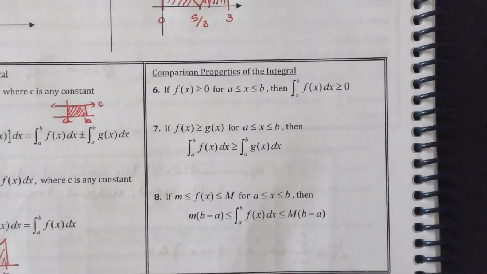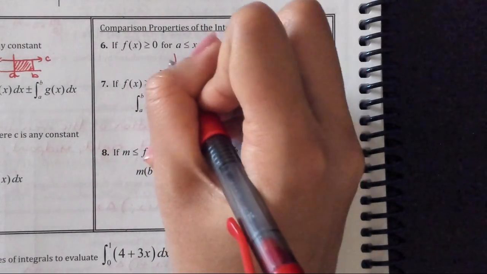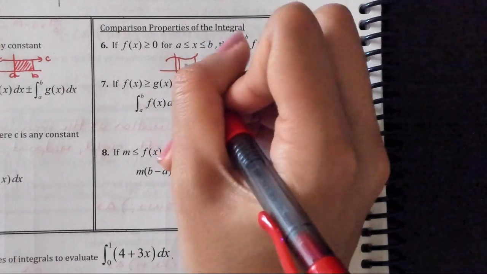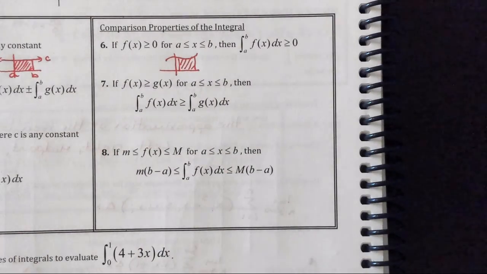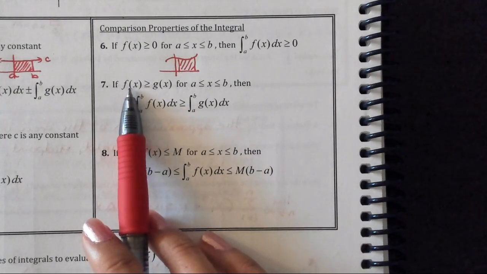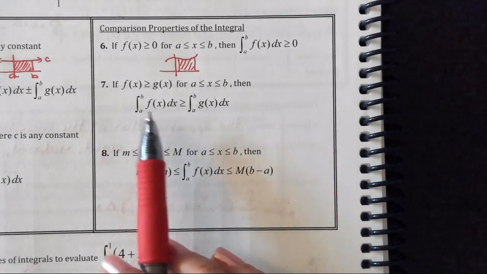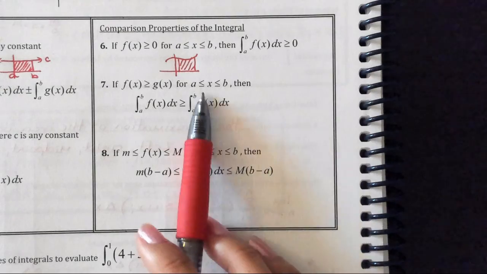All right, and here are the comparison properties. If your function is above the x-axis on the interval A to B, then the integral will be positive from A to B, right? And if f of x is bigger than g of x for all x from A to B, then the integral from a to b of f of x will be bigger than the integral from a to b of g of x.